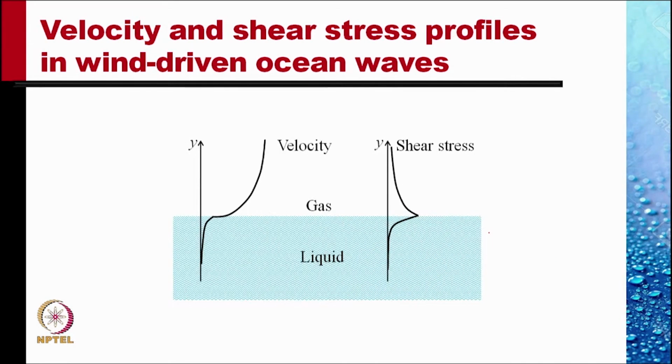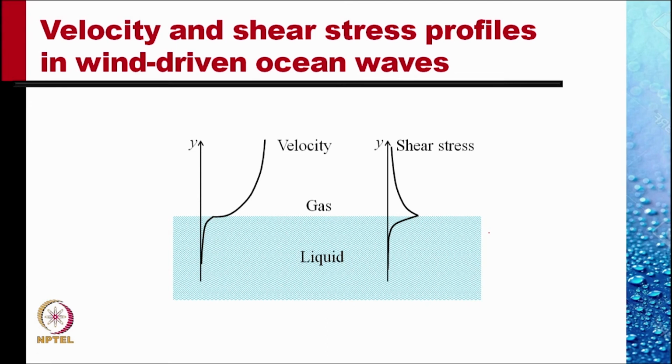Now let's consider an air-driven motion like the ocean waves, where the velocity profile would be as shown on the left. This is the air velocity which is driving the waves in the liquid. Of course, there would be continuity of velocity at the interface.